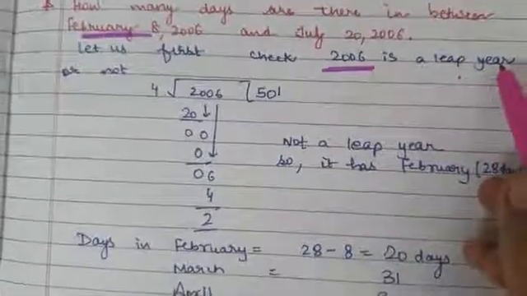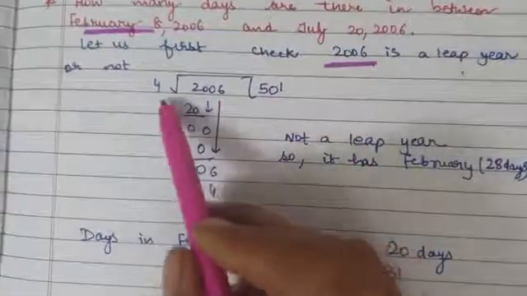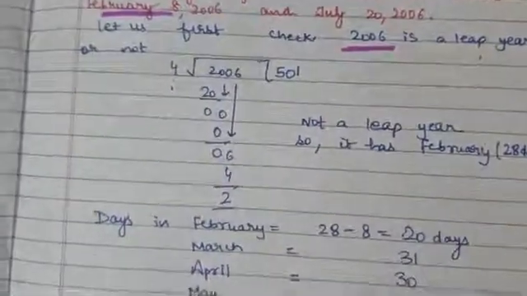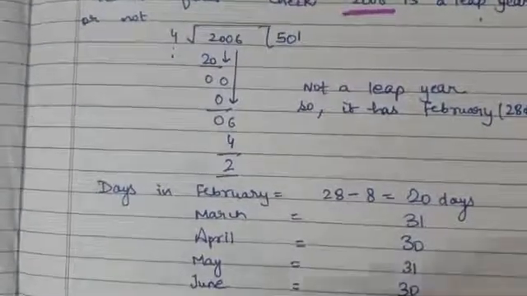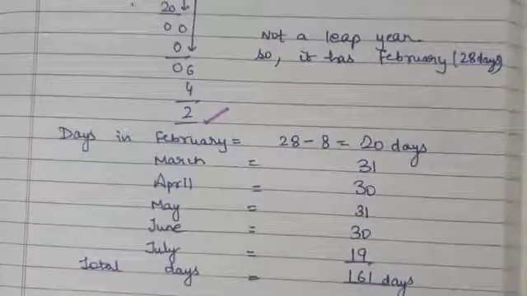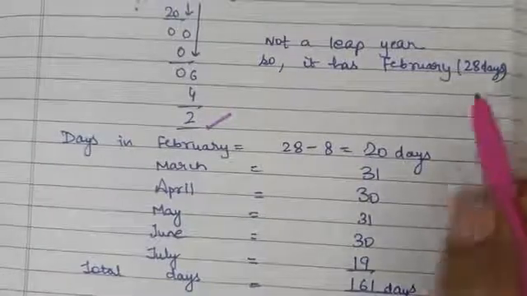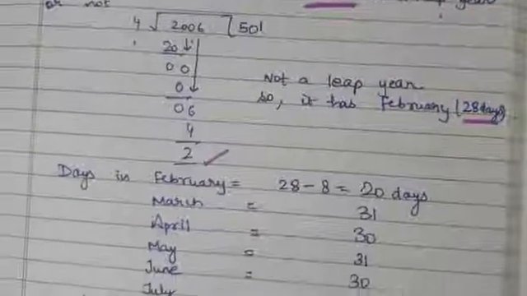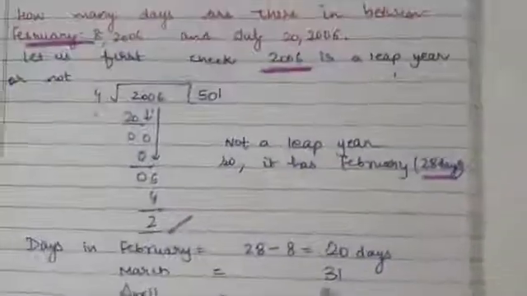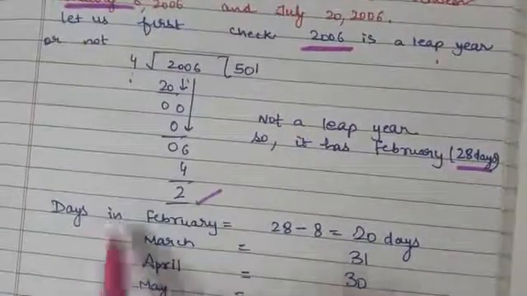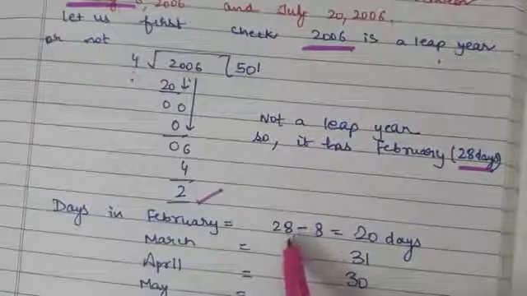So students, first of all let us divide it by 4. And if you see carefully, we got the remainder 2 here. So it means February month will have 28 days, because 2006 is not a leap year. So now let us start finding the days.